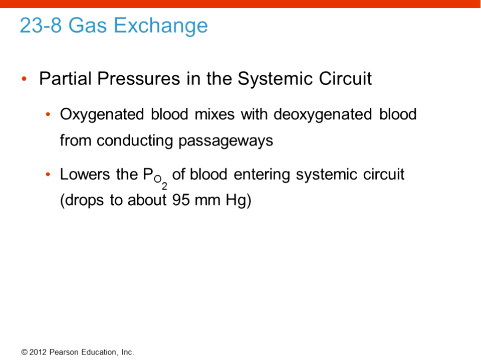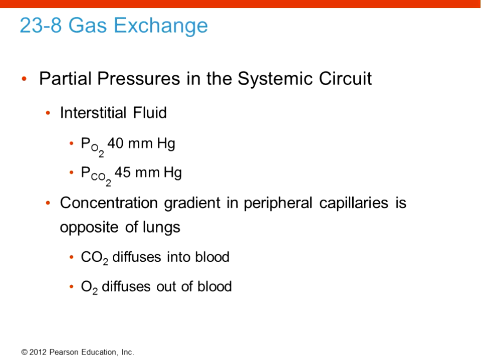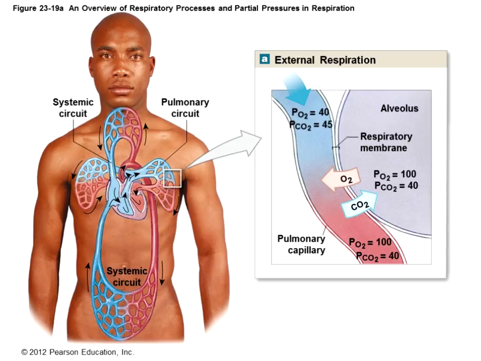And so oxygenated blood mixes with deoxygenated blood, and that pressure will then alter. Right? In interstitial fluids, the concentration gradient in the peripheral capillaries is essentially opposite of what you see in the lungs. So the CO2 diffuses into the blood, and the oxygen diffuses out of the blood. Right? And that's basically the process of movement of oxygen.